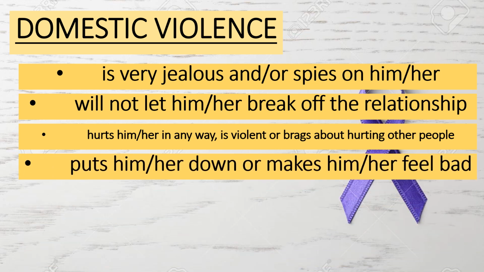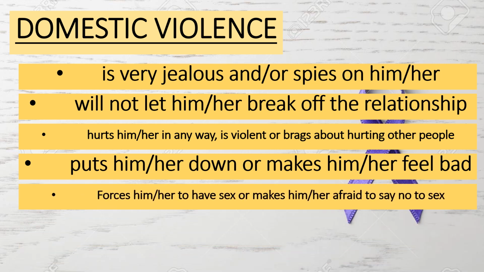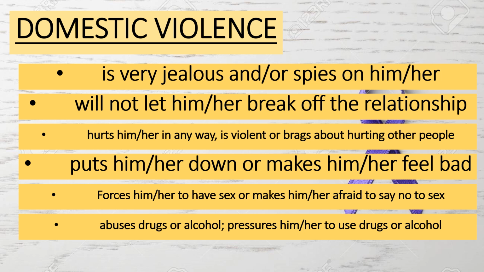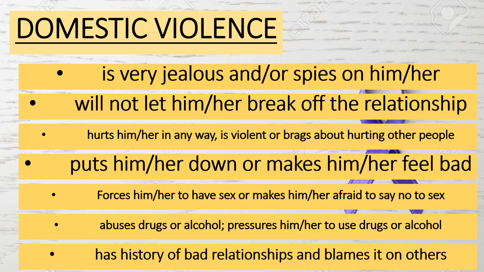If he puts him or her down or makes him or her feel bad. If he or she forces him or her to have sex or makes him or her afraid to say no to sex. Or if he or she abuses drugs or alcohol or pressures him or her to use drugs or alcohol. And lastly, if she or he has a history of bad relationships and blames it on others.